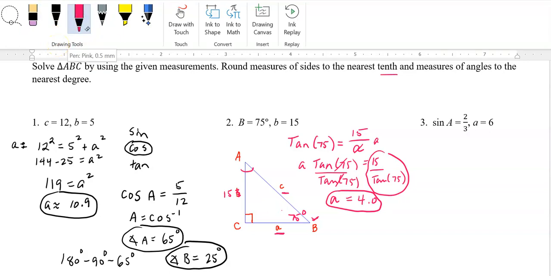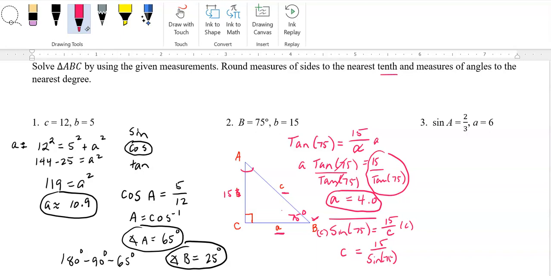Okay, so sine 75 degrees is 15 over C. And then the same kind of deal is going to happen. I'm going to multiply by C on both sides, then divide by sine 75. So it's going to end up being C is equal to 15 divided by sine 75.